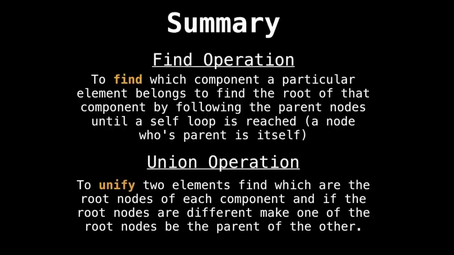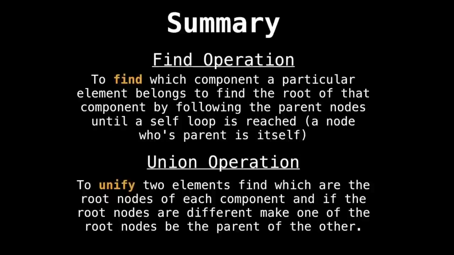To summarize, if we want to find out which component a particular element maps to, what we have to do is find the root of that component by following all the parent nodes until we reach a self loop, or a node whose parent is itself, and that will uniquely determine which component that element belongs to.